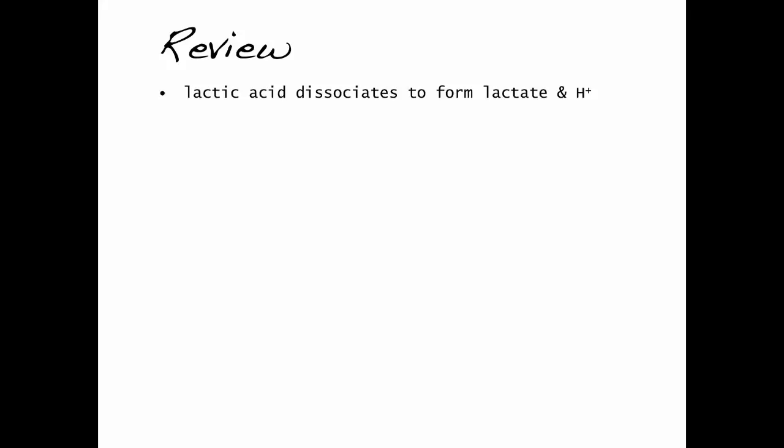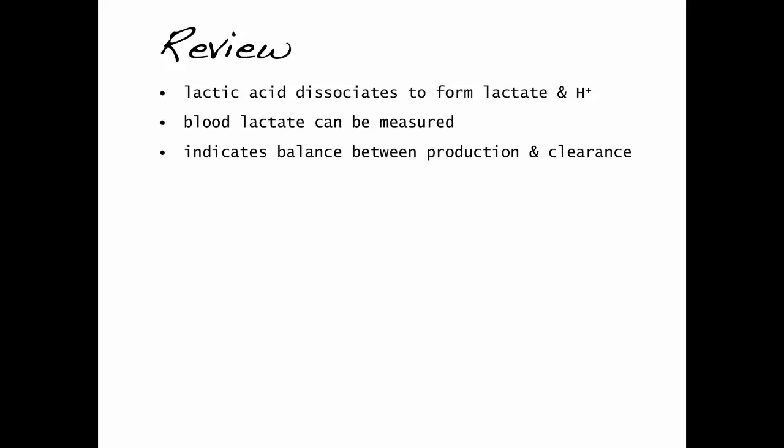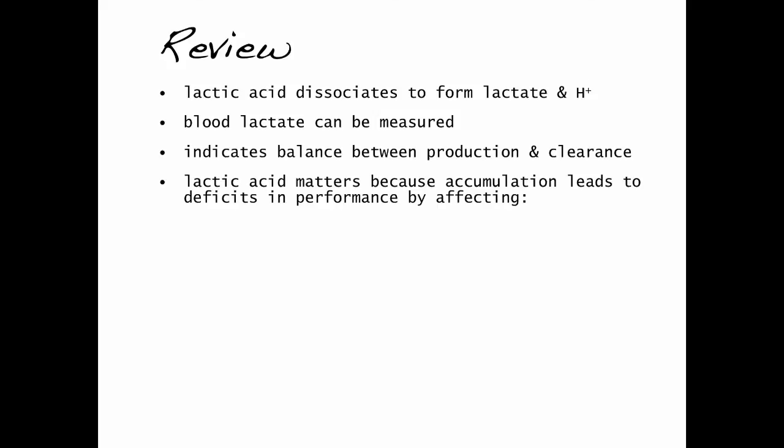To recap, in the cell, lactic acid dissociates to form lactate and hydrogen. Blood lactate can be measured, and this will indicate the balance between lactate production and lactate clearance. Why lactic acid matters to exercise physiologists is because an accumulation can lead to deficits in performance by affecting muscle contraction, ATP production, as well as causing pain to athletes.